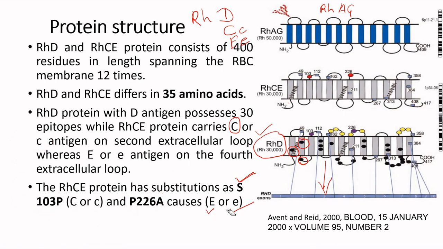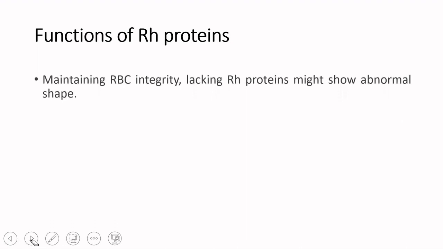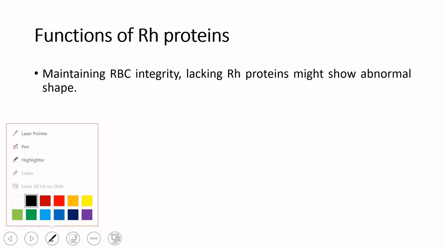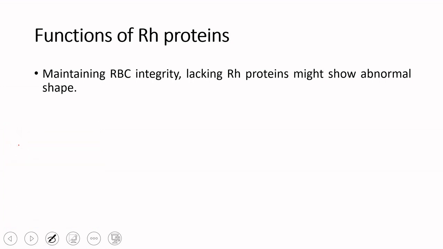Now we'll see the different functions of this protein and how these proteins are encoded with the help of genes. The most important function of this RH protein is maintaining the integrity of the RBC, that is red blood corpuscle, structure. The structure of RBC is maintained by these antigens.